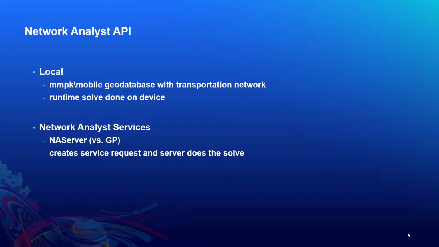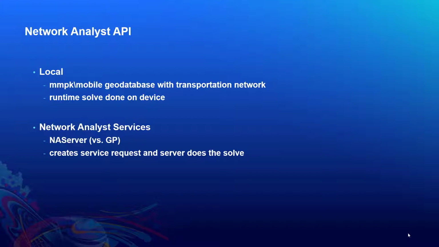So the tasks themselves are created, as I said a moment ago, by pointing them to either local data, that is a mobile map package created in Pro, and that mobile map package should have a mobile geodatabase that has a transportation network. Or you can also point to a network analyst service, in particular an NA server service, as opposed to a GP service.